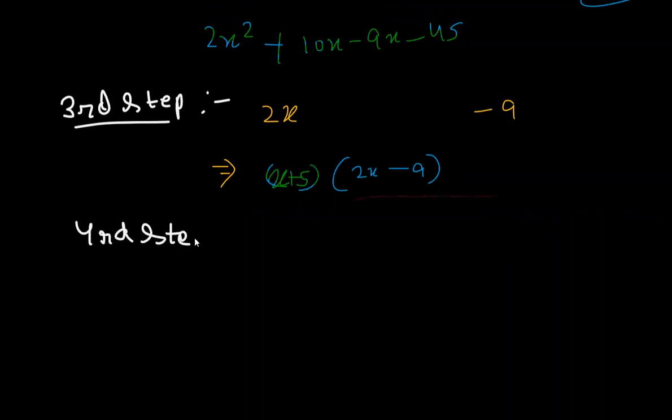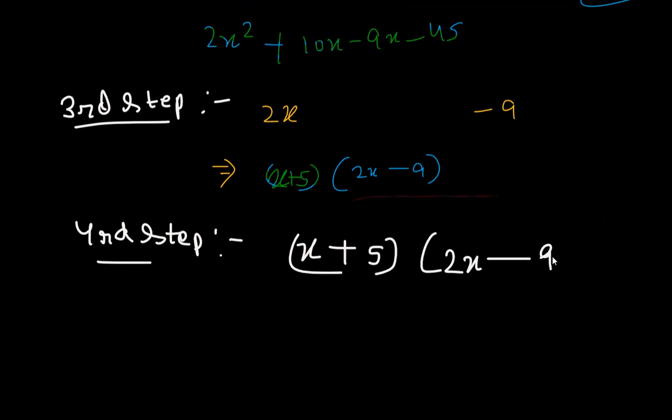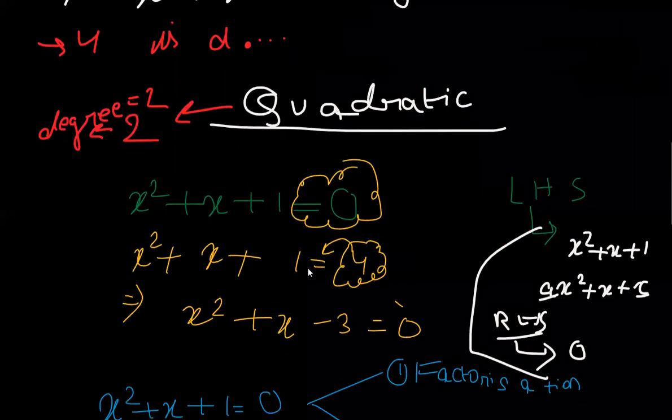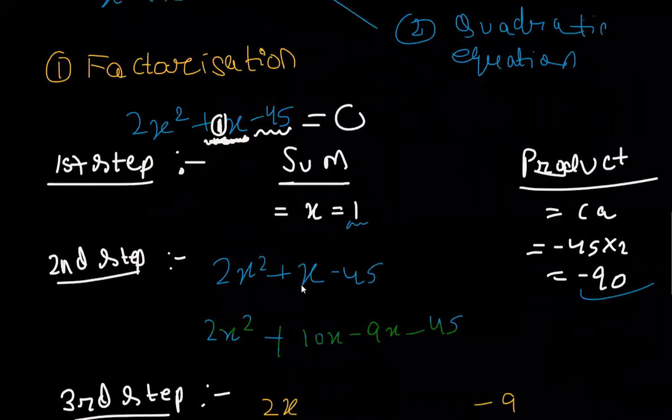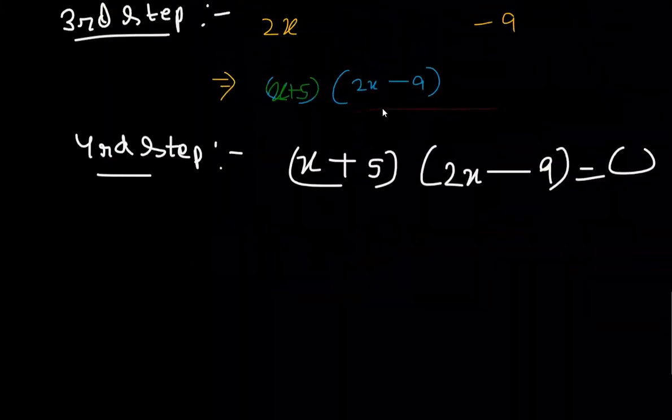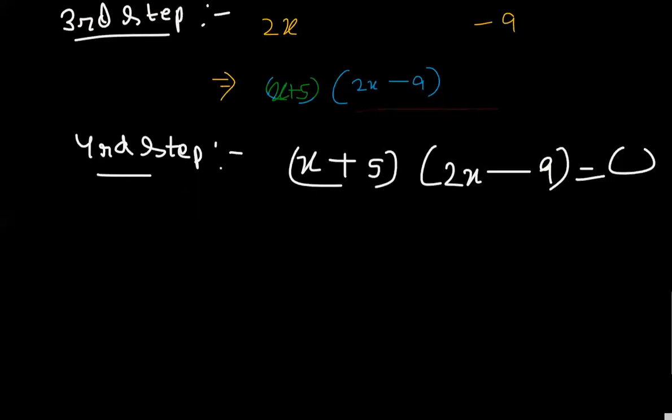Fourth step, the final step. Now what we concluded is x plus 5 into 2x minus 9 is equal to 0, because earlier our value was coming 0. Here it is coming 0. Can't we say both this value will be equal to 0 and this value will be equal to 0?